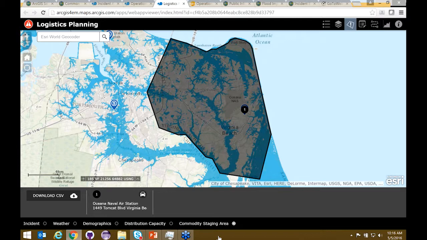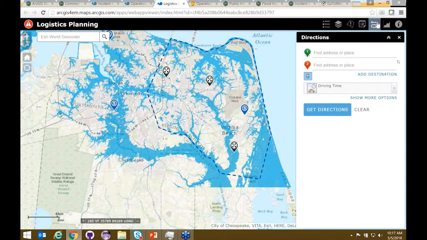And then the next thing we want to understand is where are those commodities being staged? So at this point, we have one commodity staging area that's serving the entire incident area that we've been looking at. So the next thing we want to do is begin to understand what's the proximity from the staging area to the goods.